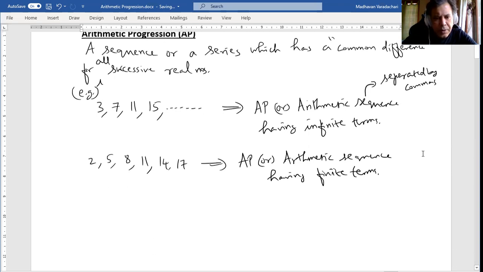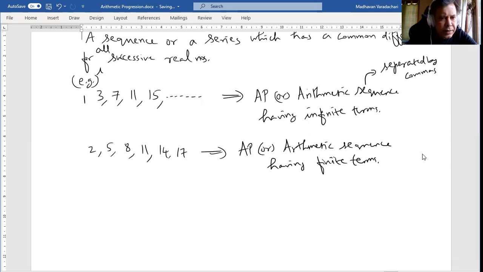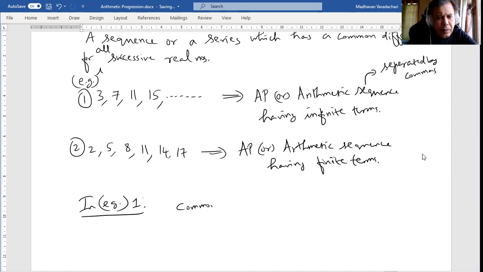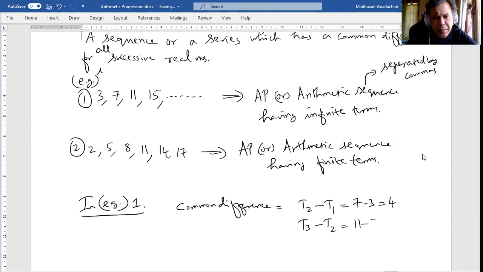This is the first example, this is the second example. In example 1, what is the common difference? Common difference is term 2 minus term 1, which is 7 minus 3, and it is 4. Term 3 minus term 2, it is 11 minus 7, it is again 4.